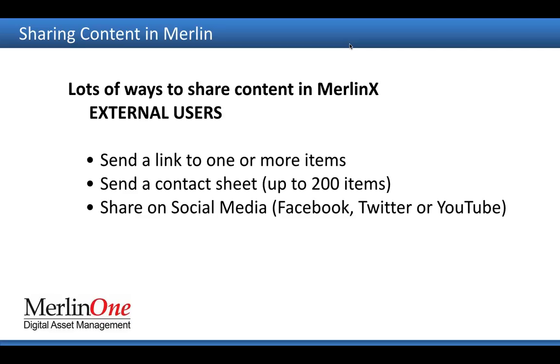You're not sending the content itself, you're strictly sending a URL that they can click on, and it's good for a defined period of time, and then the photos will download through the web browser. You can also send a contact sheet to somebody, up to 200 items per contact sheet. And you can also share content on social media like Facebook, Twitter, or YouTube. So that's a way to share content with external users.